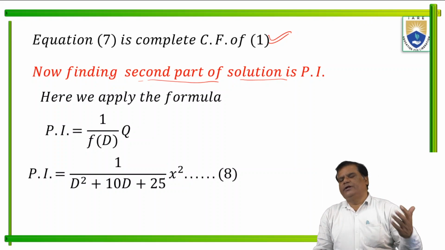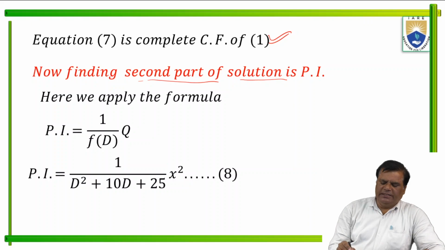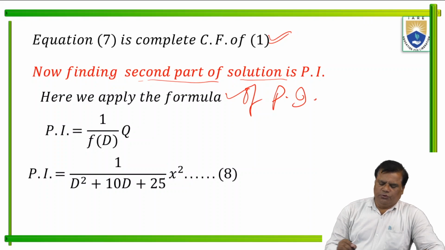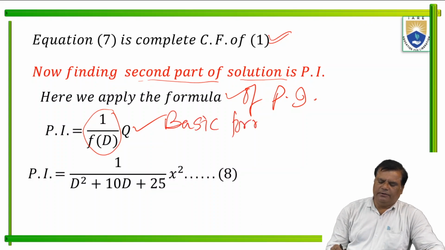PI means particular integral. Here we apply the formula of particular integral: PI equal to 1 upon FD into Q. This is the basic formula to find PI.